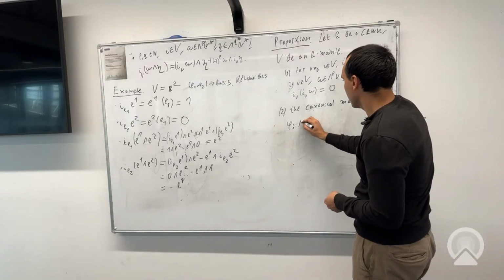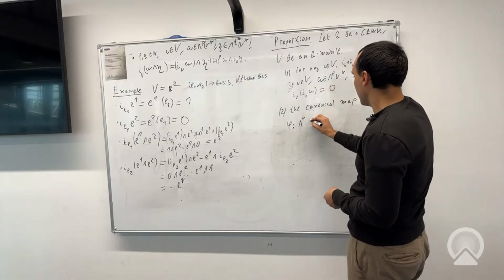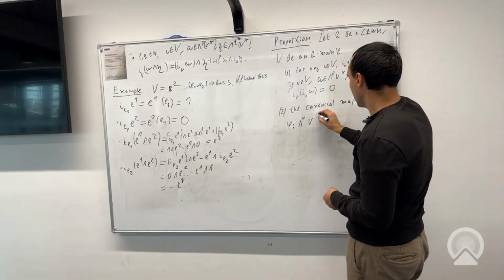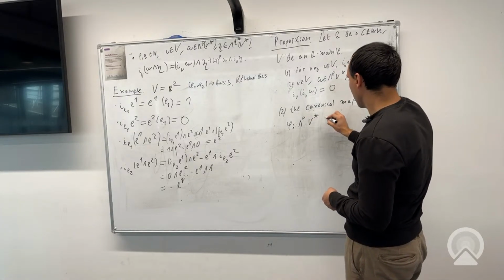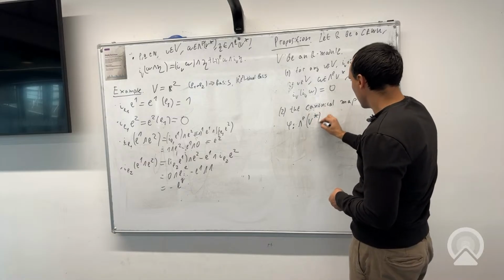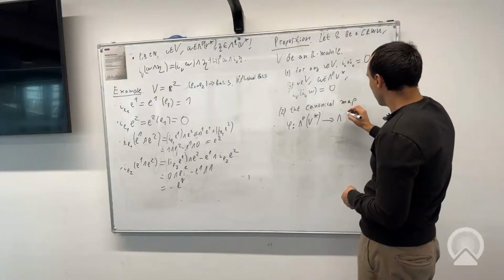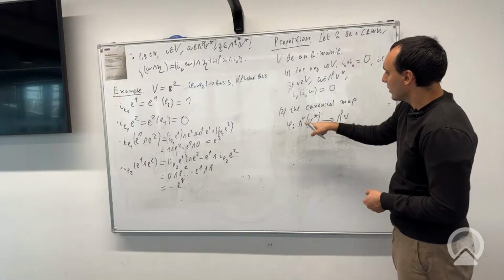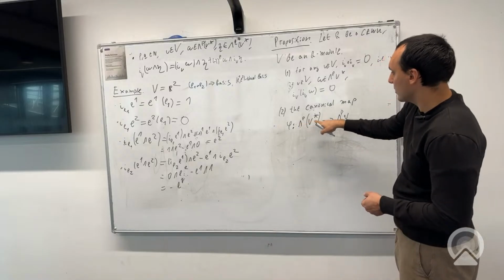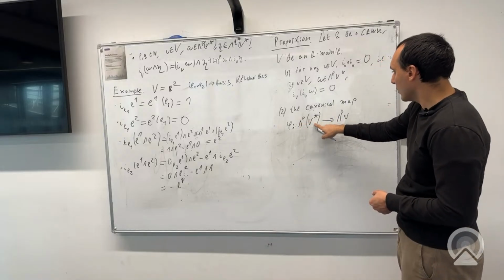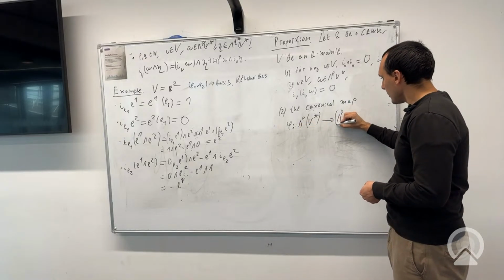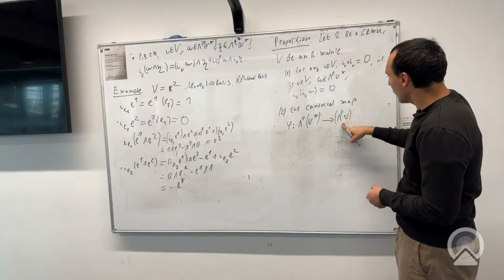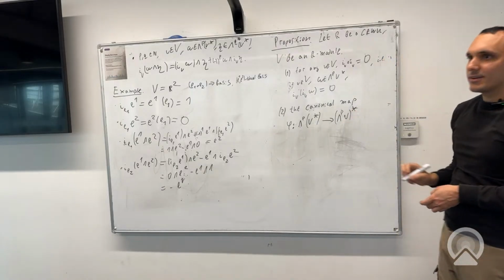So we have Lambda^p of V star to the dual of Lambda^p of V. So we have the p covectors, or the dual space of the p vectors.